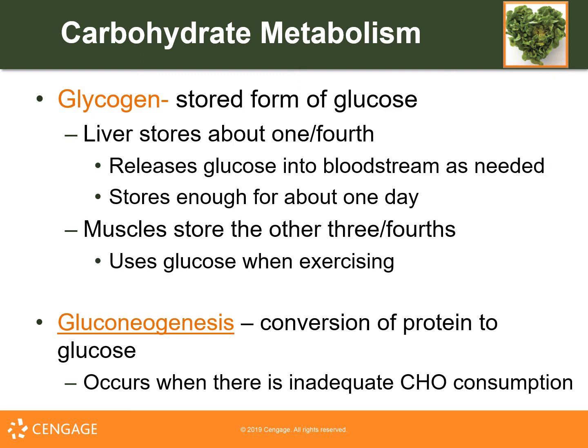Fat cannot make glucose to any significant extent. Amino acids of protein can make glucose, but their primary roles are for other things in the body. If there's not enough carbohydrate, the body will break down protein from the liver and skeletal muscles to make glucose for the brain and other nerve cells.